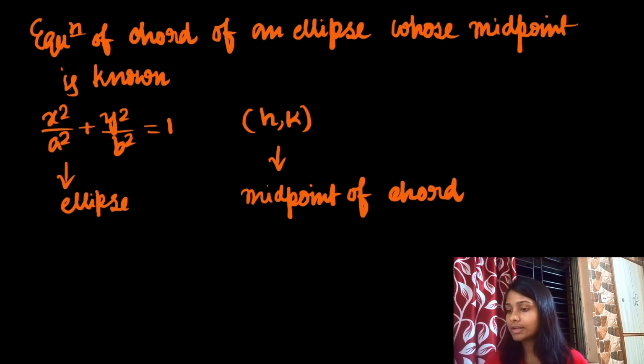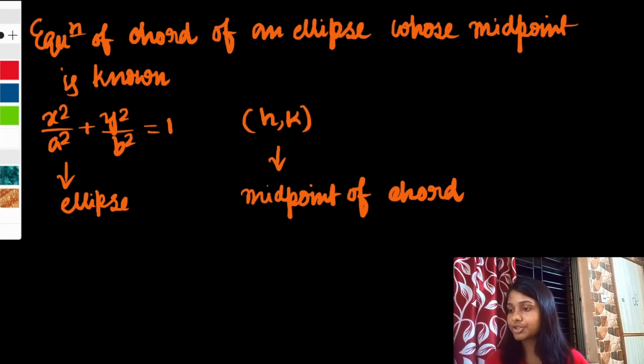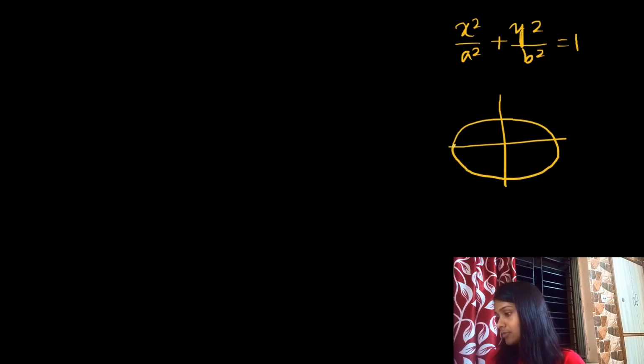So now let us derive that equation. Suppose we have x square by a square plus y square by b square equals 1. This one is the equation. So let me first draw this ellipse. This one is the ellipse.